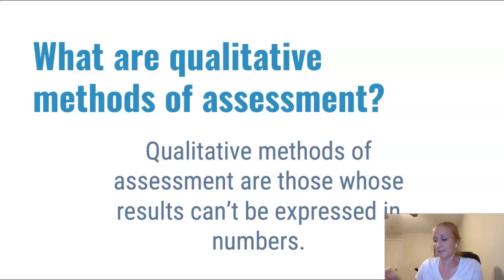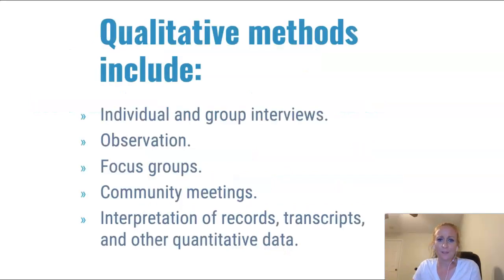In contrast to quantitative, which we obviously can quantify, we can enumerate and apply more broadly and generally across larger populations. So qualitative methods include things like individual and group interviews, observation, focus groups, community meetings, and interpretation of records, transcripts, and other quantitative data. So it's a very interpretive approach to social behavior and social experiences.